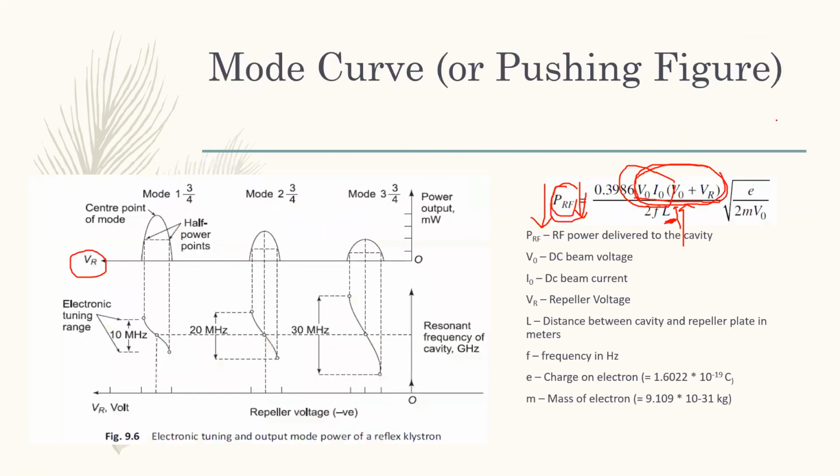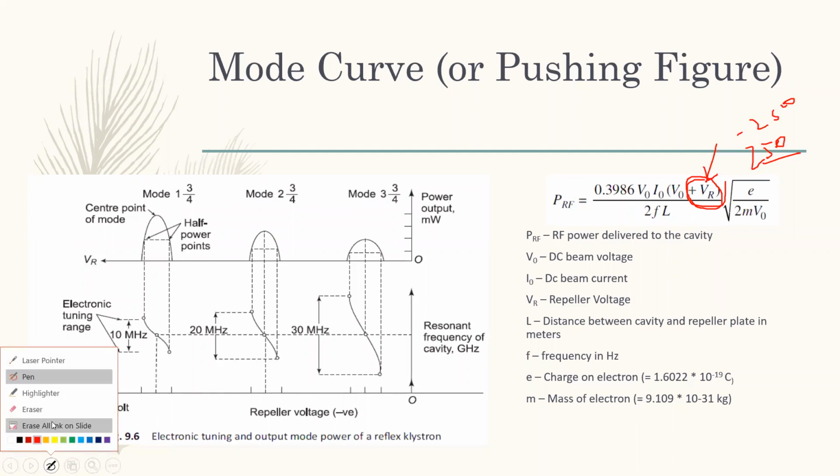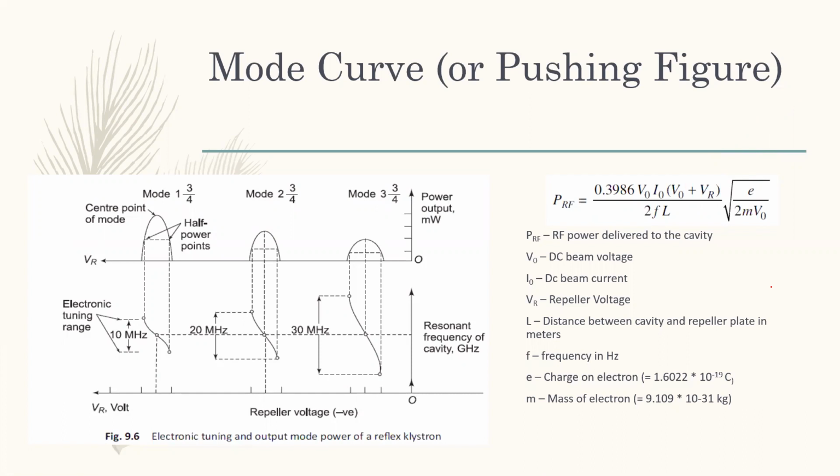So here also, in the previous equation, it is not specified as magnitude, but we will be using the magnitude value. Suppose VR is minus 250. What we'll be doing is just considering the magnitude, that is, only 250 over here. Okay, because if you cross verify the result, it should not turn negative.